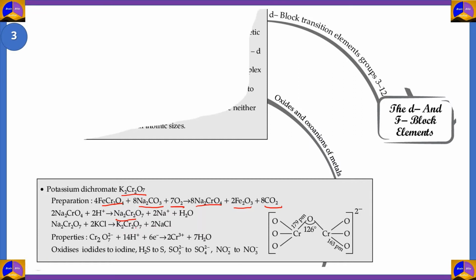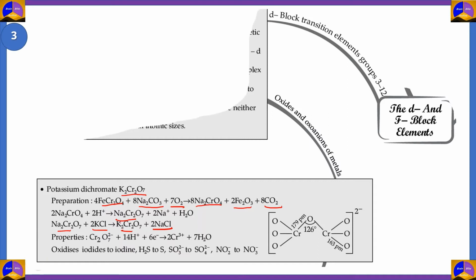Potassium dichromate can be formed by treating sodium dichromate with KCl, with NaCl as a byproduct. So when sodium dichromate is reacted with KCl, you get potassium dichromate, and the byproduct is sodium chloride, common salt.